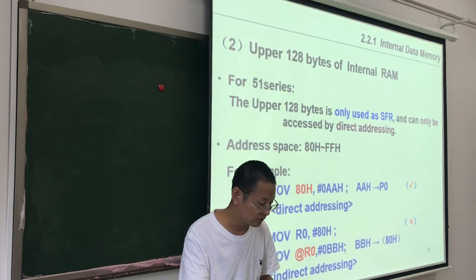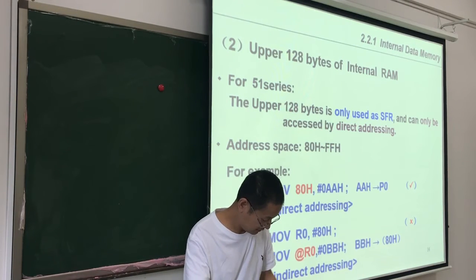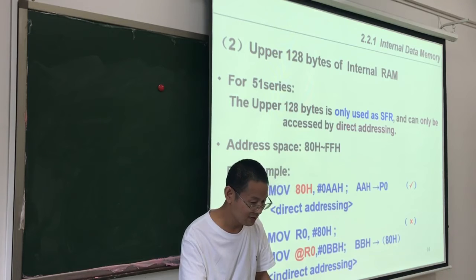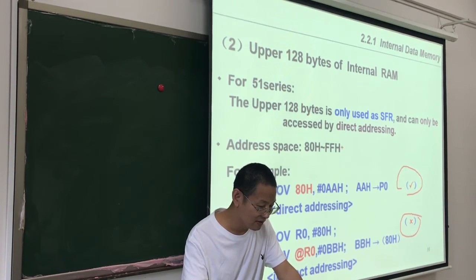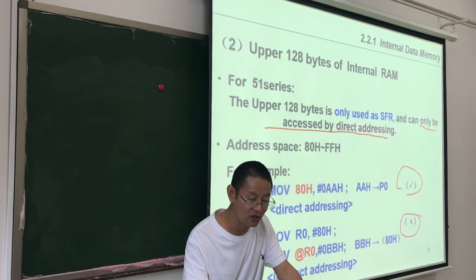For example, this is correct. This is wrong. Why? This can only be accessed by direct addressing.